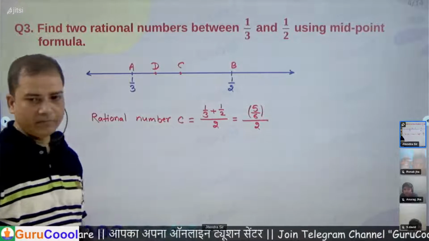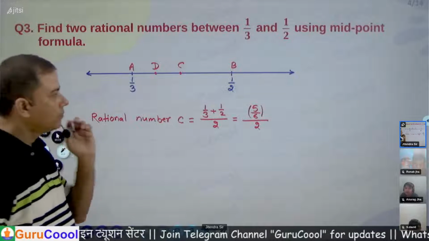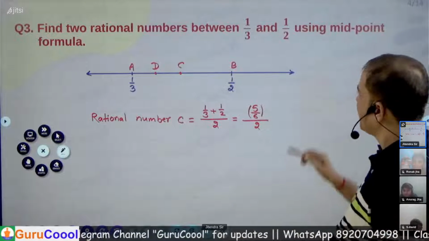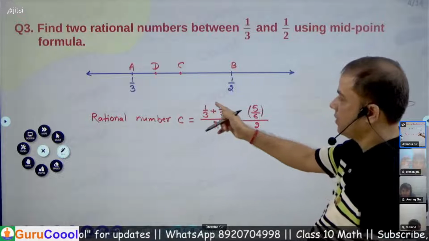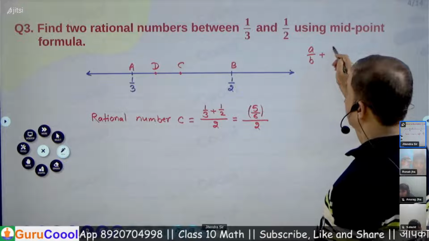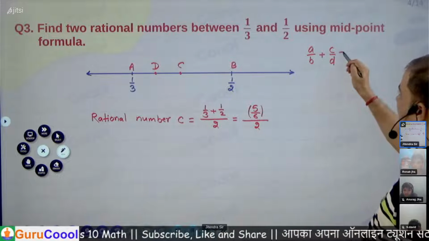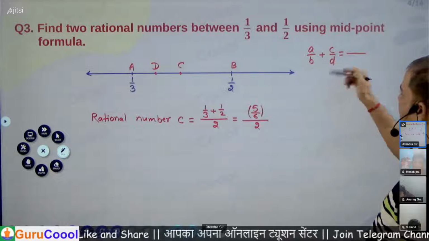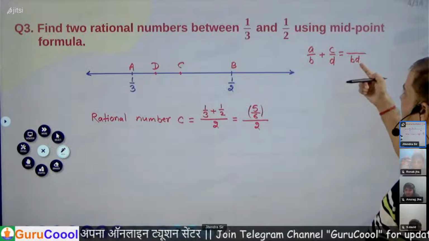Any question till now? No, sir. 5 by 6 divided by 2. I have taught how to add two fractions like this in shortcut, A by B plus C by D. Yes, sir. If you want to add them, you will multiply their denominators B and D and write B into D in the denominator.